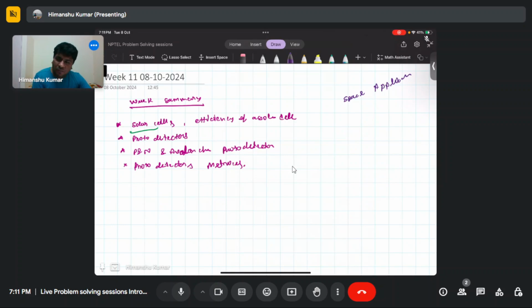The best materials for generating any kind of photoconducting or photovoltaic devices are direct band gap semiconductors like gallium arsenide, because they have high efficiency and are therefore best suited.